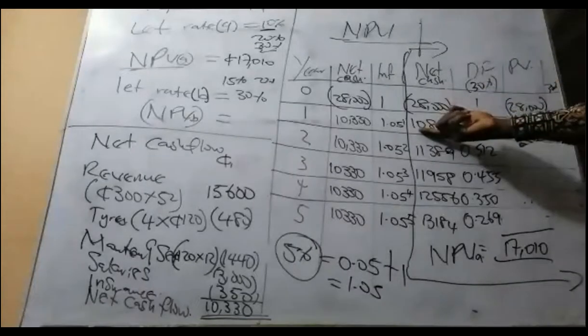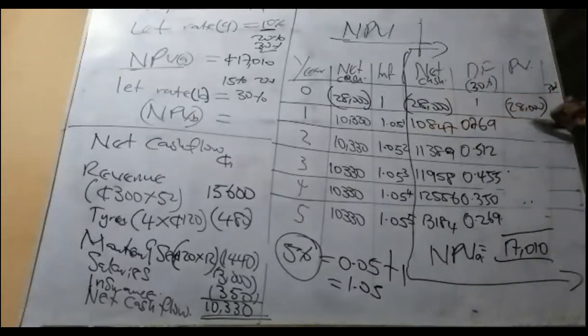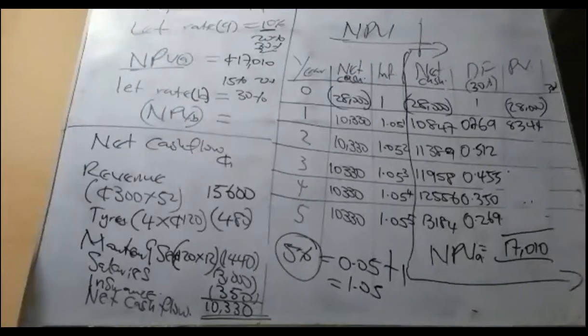Now let's calculate the present value. So 10,847 times 0.769 gives us 8341 for the first one.